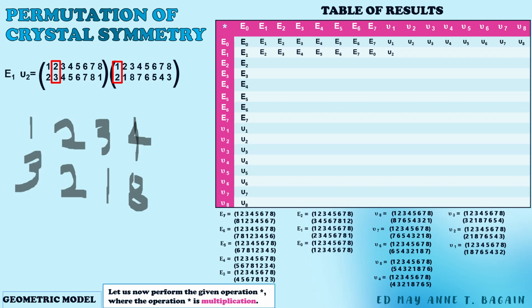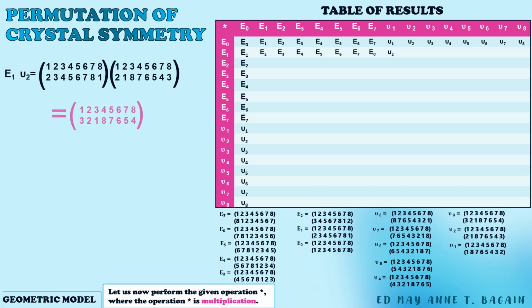So what would be the element for that? We have this one, 3, 2, 1, 8, 7, 6, 5, and 4. So that would be epsilon sub 3. Perfect. So that would be the same with the next one.